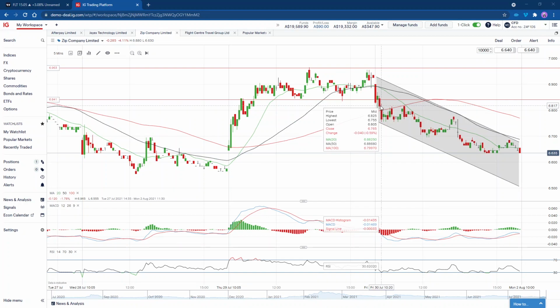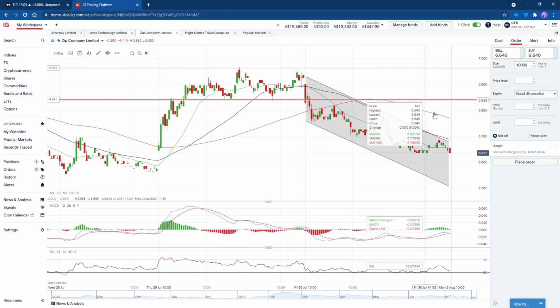Instead of buying at 6.817, you say I feel like it will go to 6.8 at least. So let me put an order, but I will say only buy if it goes 6.8. So that's your bid to buy at that price.